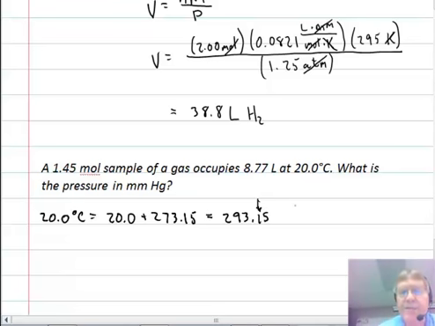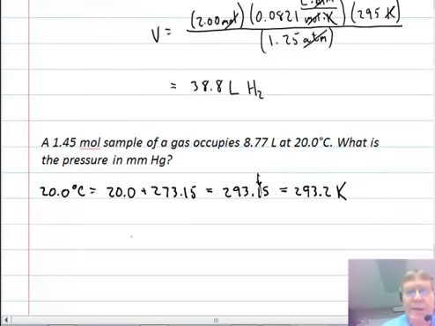Okay, and so I'm going to round this to 293 point. Now notice we have a 5 followed by nothing. So you have to use your rounding fives rule here. And the rule is to make it even. Okay, so we're going to round this to 293.2 kelvins.